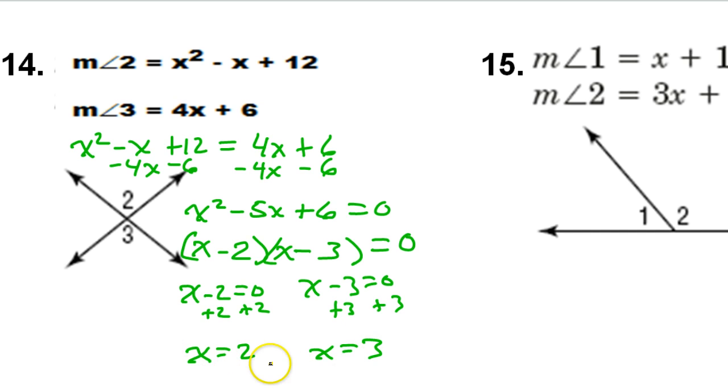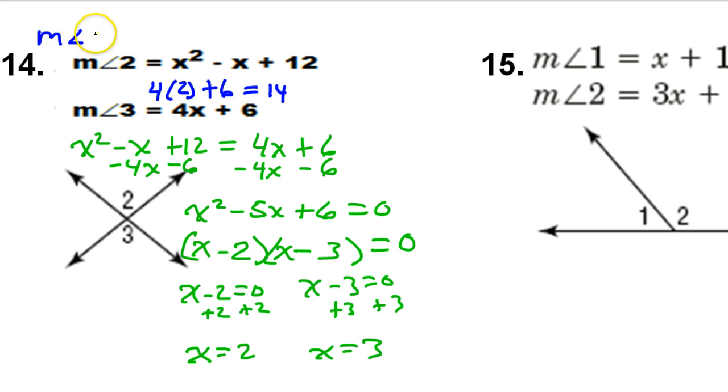This is interesting because I have 2 possible answers. Let's see what I get if I plug in the 2. That would make this 4 times 2 plus 6. That's 8 plus 6, so that's 14. So that's one possible answer.